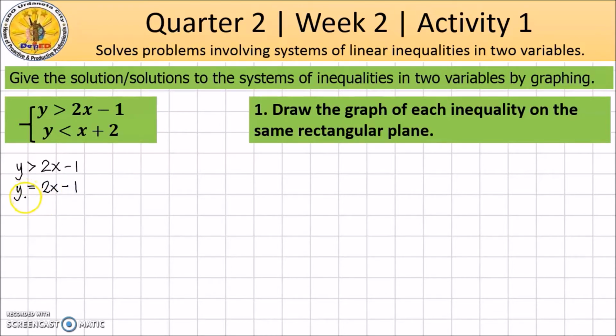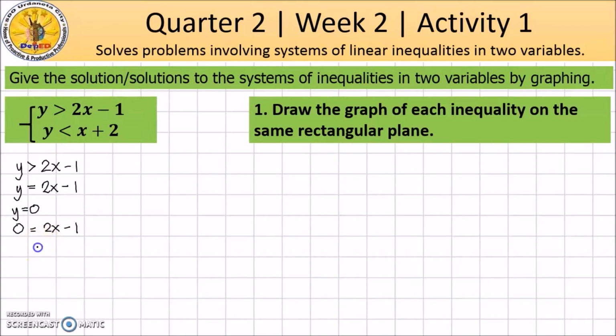Next, we can now solve for the x and y intercept. To solve for the x-intercept, we need to let y be equal to 0. So it means we will substitute 0 for y. So we have now 0 is equal to 2x minus 1.